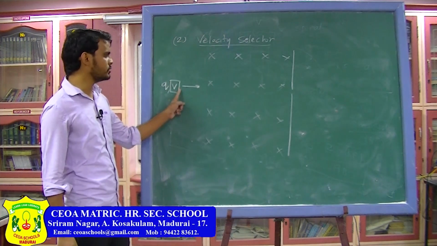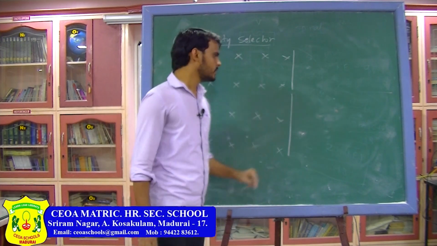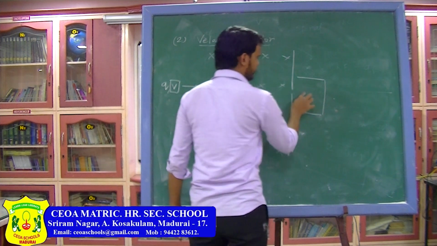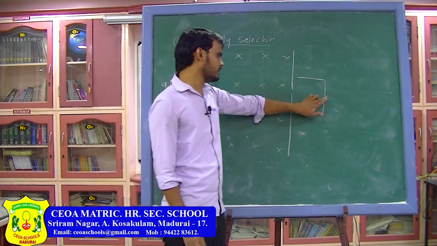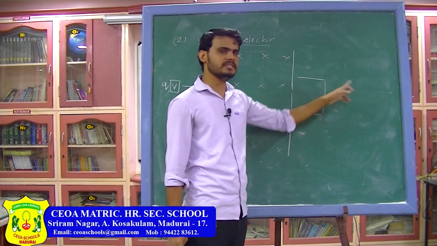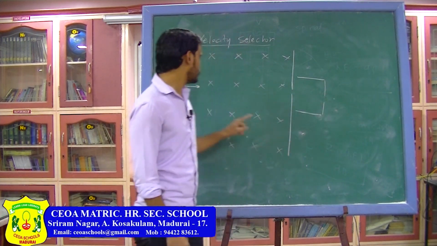I want only those particles to pass through this hole and I can collect all of those particles in this container, or I can use this container to further use these particles in another experiment.